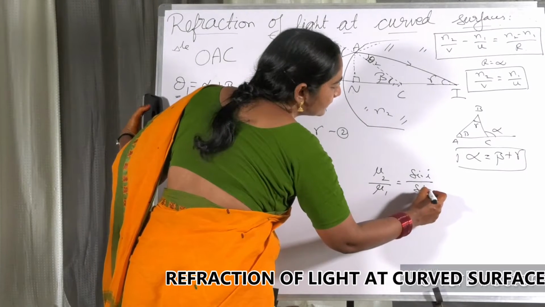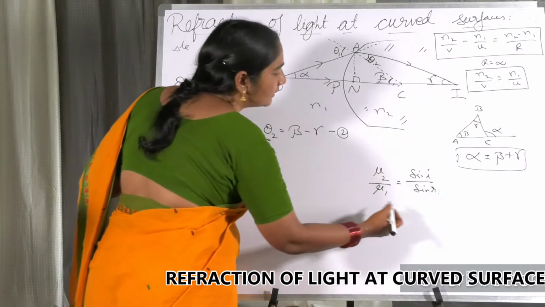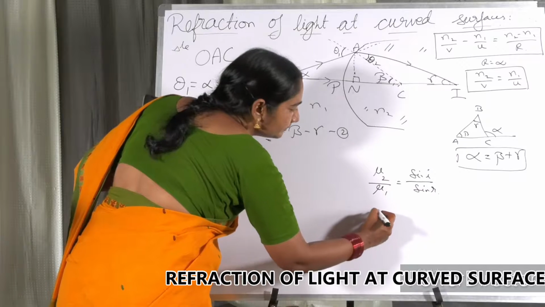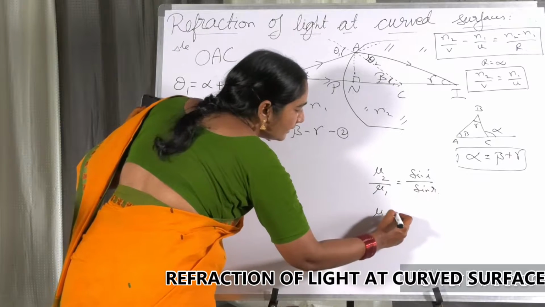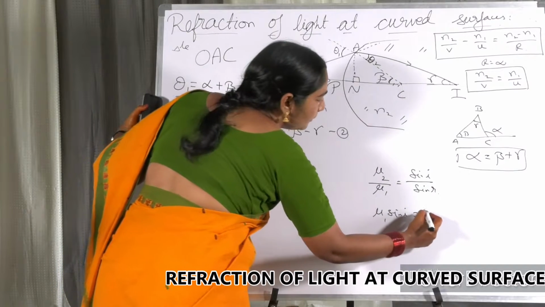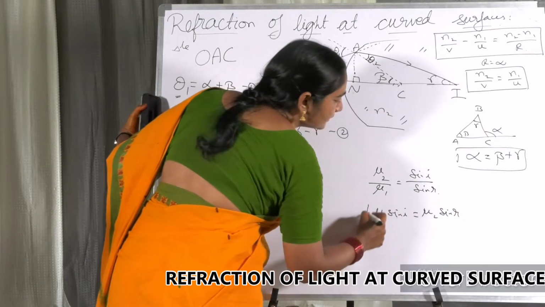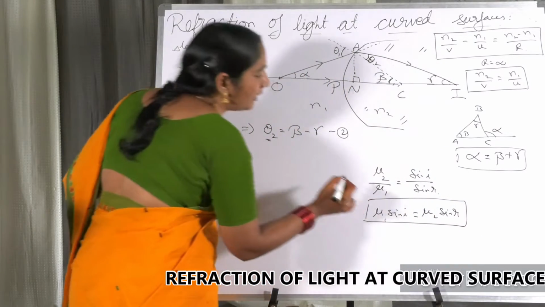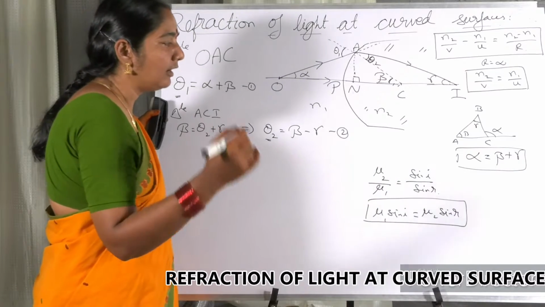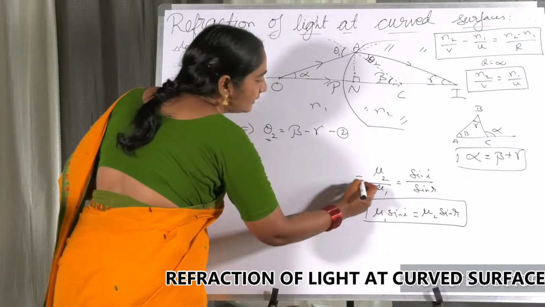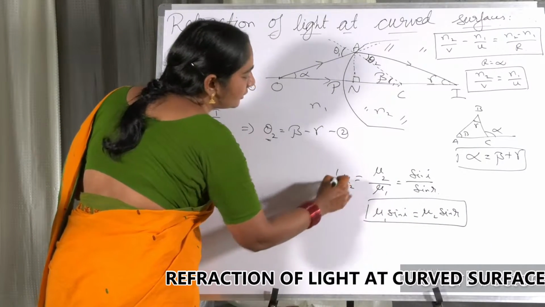From this we said that mu1 sin i is equal to mu2 sin r. This is the standard form, already discussed. If you have any doubt, please go through the previous class.